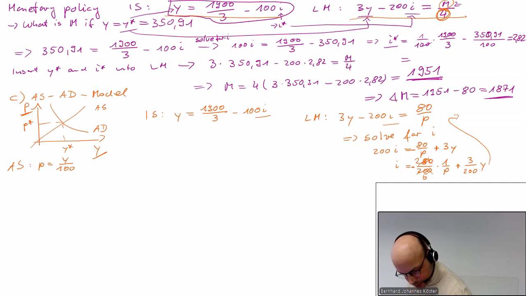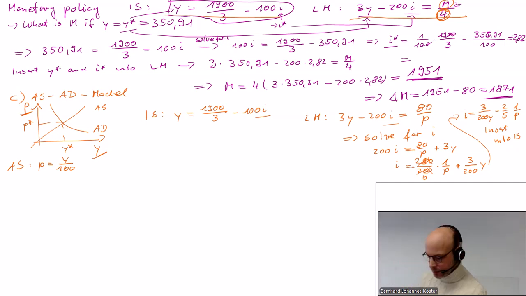So let's write it down here. We obtain I is 3 over 200 y minus 2 over 5 times 1 over p. And this now we can insert into IS.